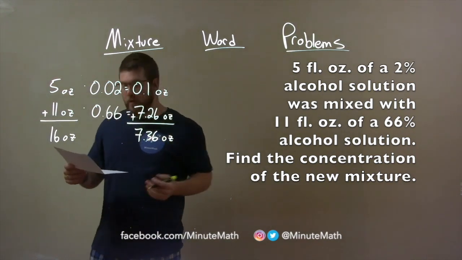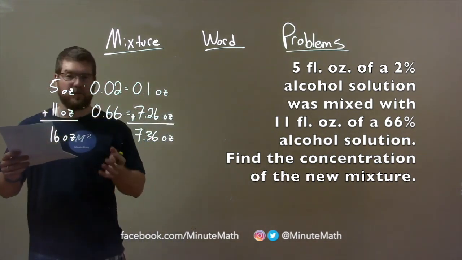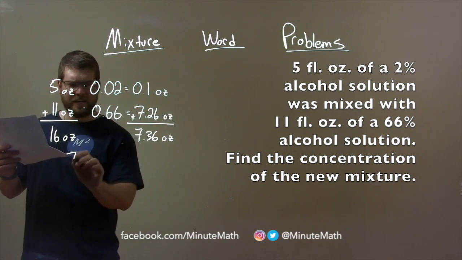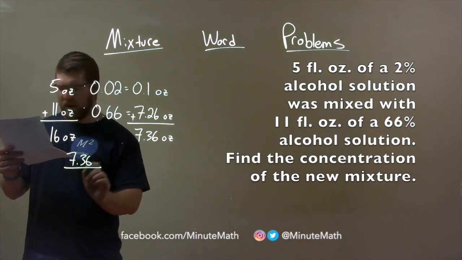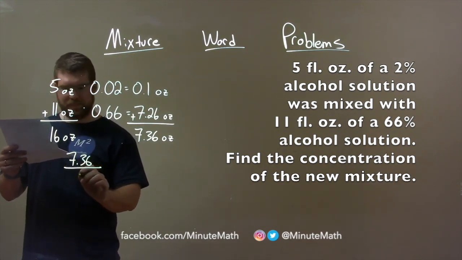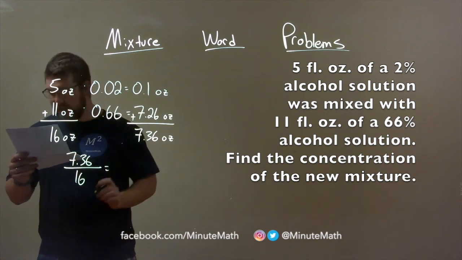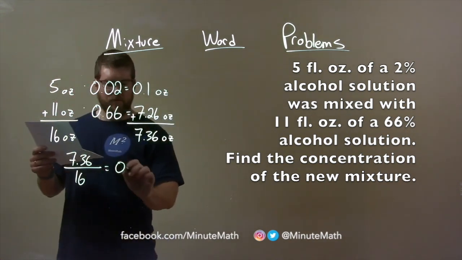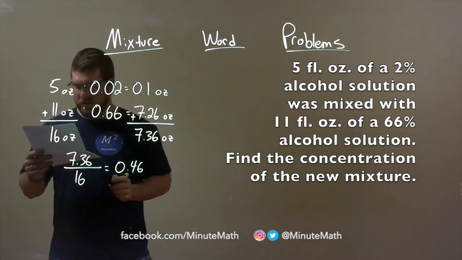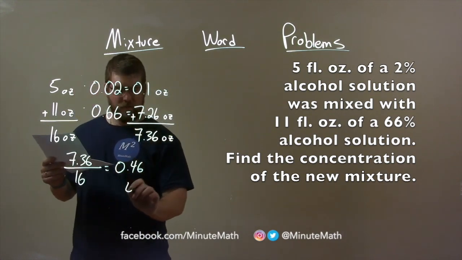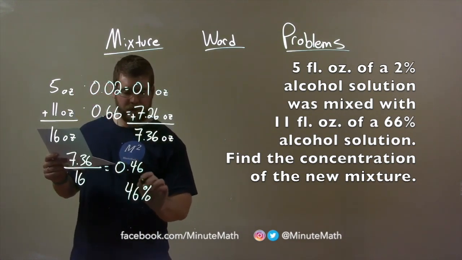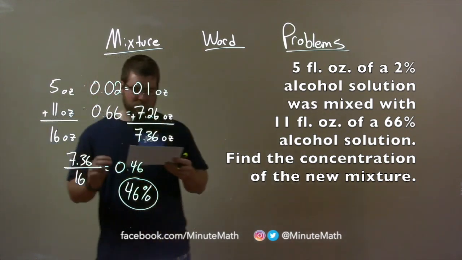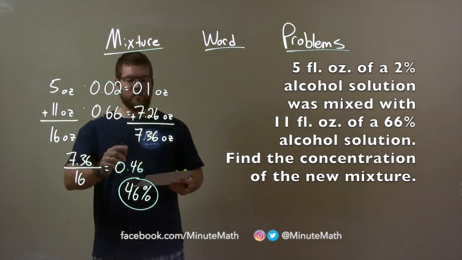So to get the final percent concentration, we take 7.36, divide that by 16, and we get a decimal 0.46, which comes out to be 46%. And so our final concentration on the new mixture with alcohol is 46%.